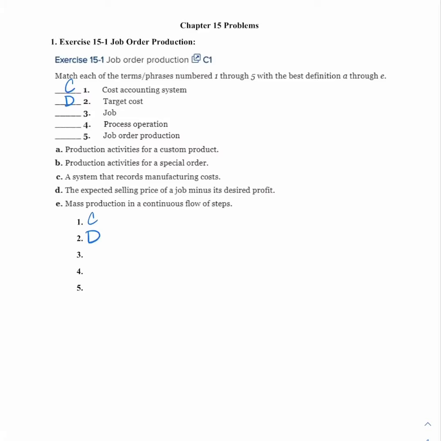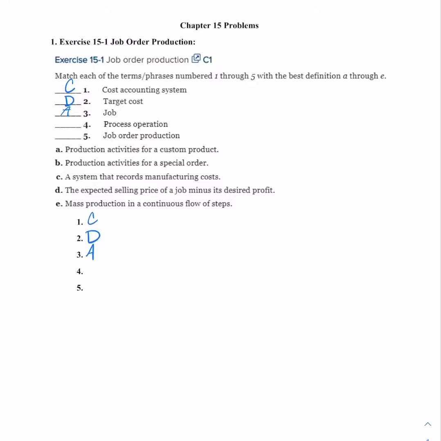Next, what is a job? Well, a job is simply the production activities for a custom product. So that's going to be letter A. Next, the opposite of a job order type of production is what we call process operations. So process operations, then we've only got a couple of letters left. We've got E and B. So let's just look at those two.